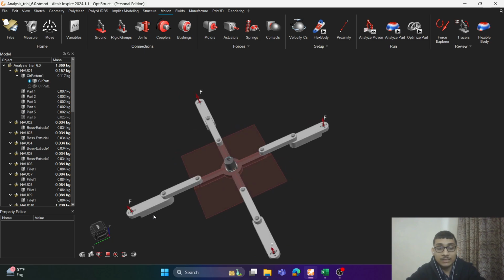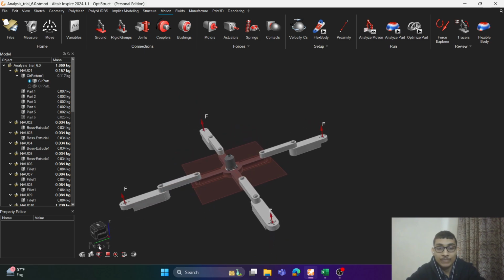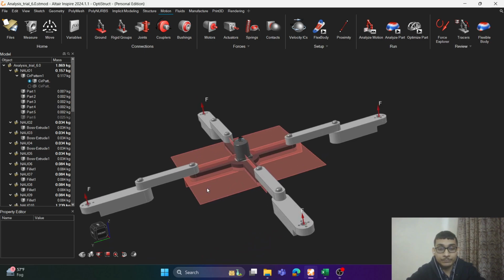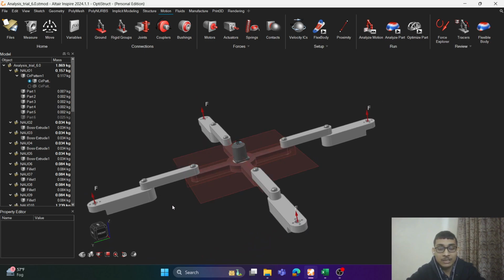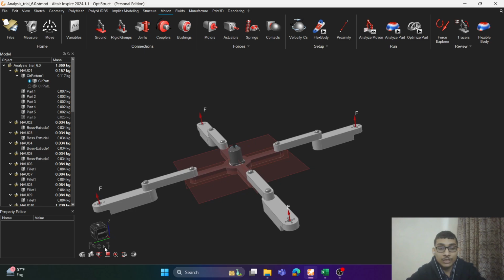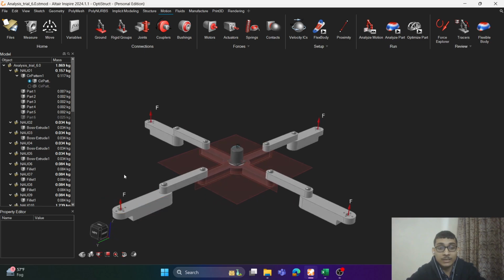I have made this design space in the forearm crank mount here and have applied the positional constraints here, the planar constraints here, and along with the motion analysis loads, I have also considered the thrust forces at the end of the drone arms.